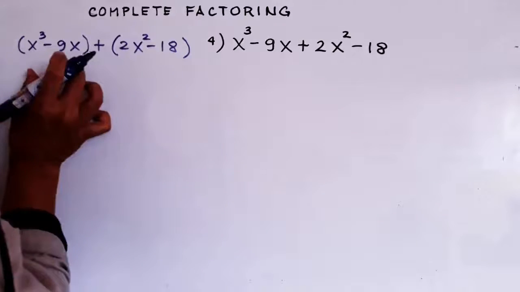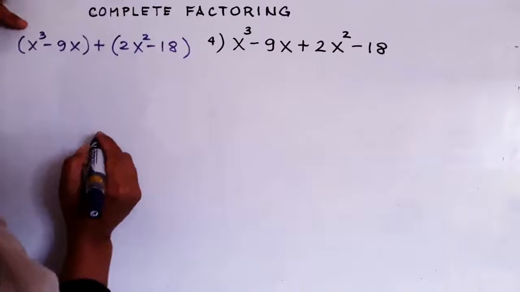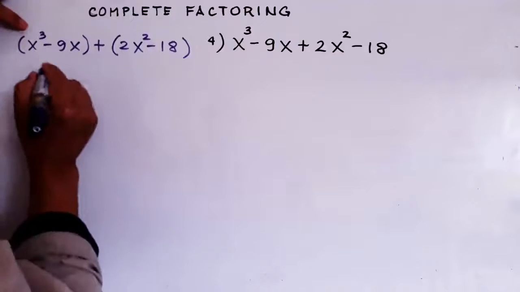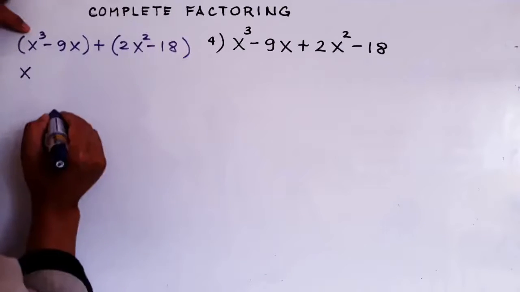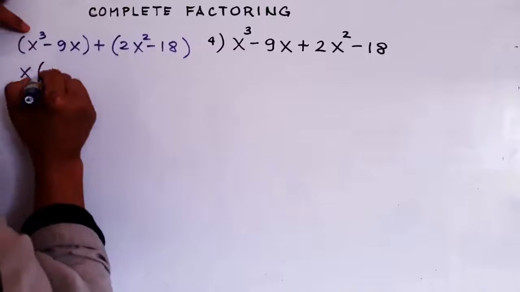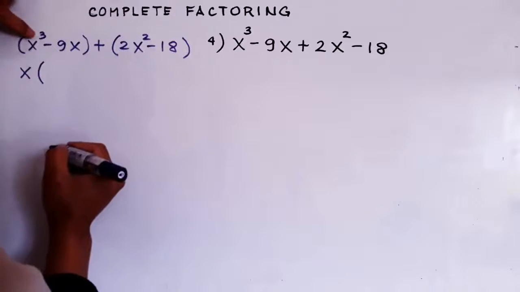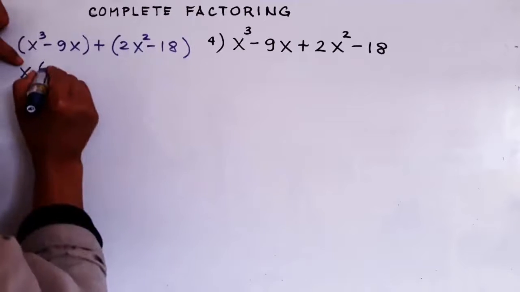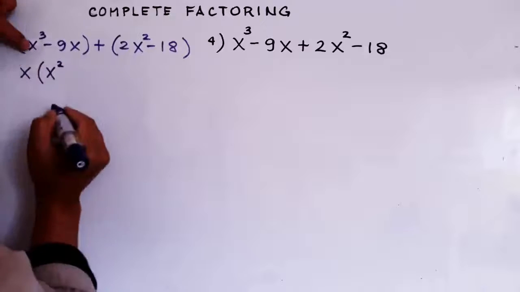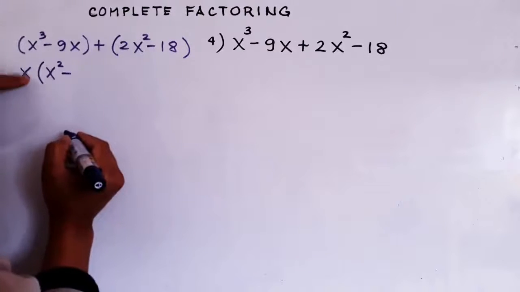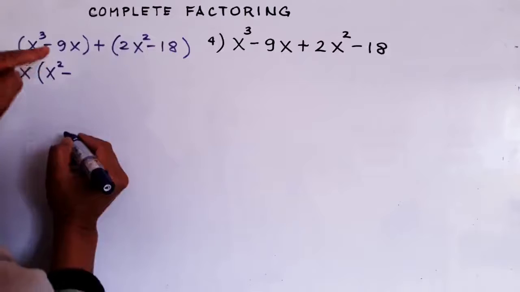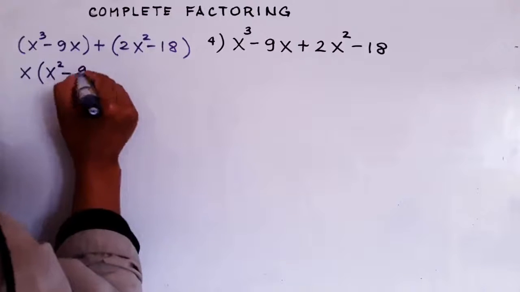Now, in the first group, let's take the common monomial. And the common monomial here is what? The x. So we have x here. What number? We don't have. So, bracket. x cubed divided by x is x squared, and then minus 9x divided by x, cancel the x, equal to 1, and we have a 9 here.